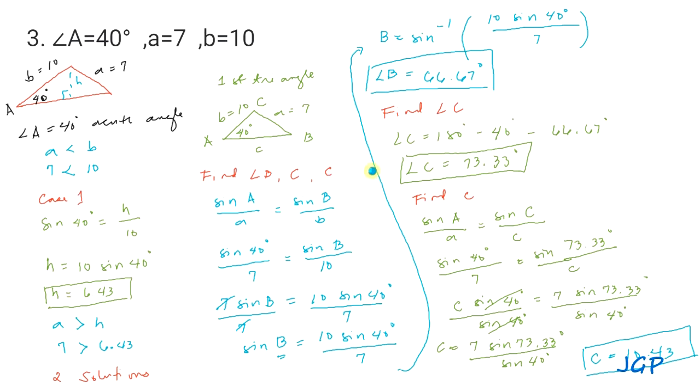So, let's have the second triangle. We did the first triangle, now we go to the second triangle. The second triangle also comes from the original.